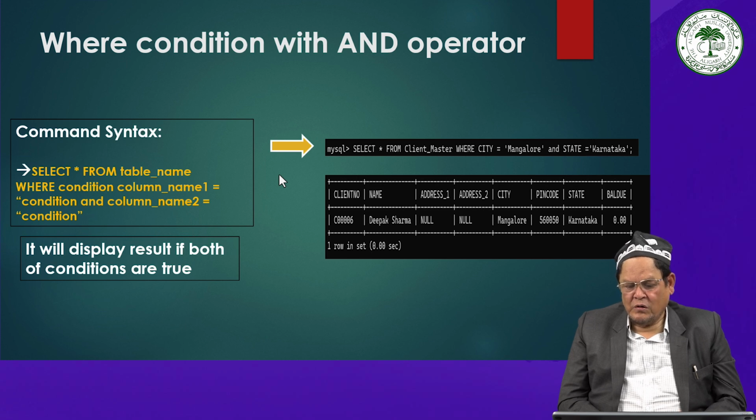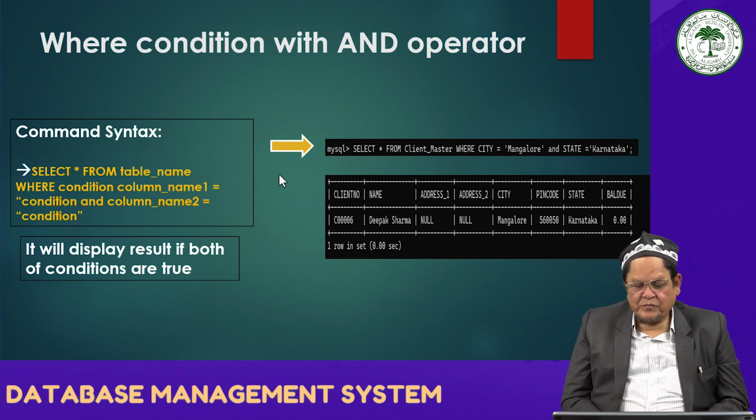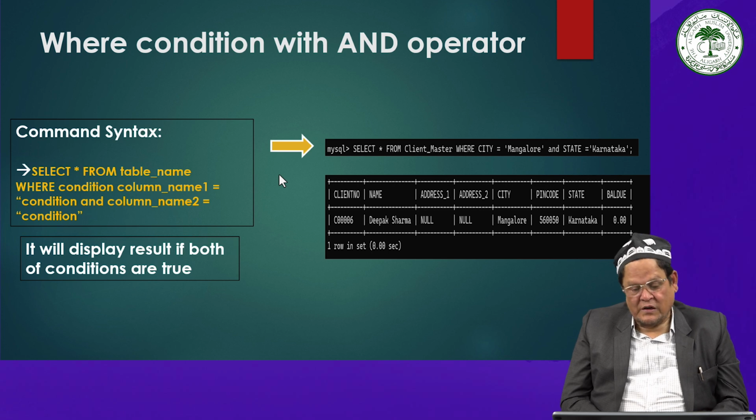City Mangalore, pin code 560050, state Karnataka, balance due. Here it must display the person who belongs to the city and also the state, here Karnataka. I hope you understand.